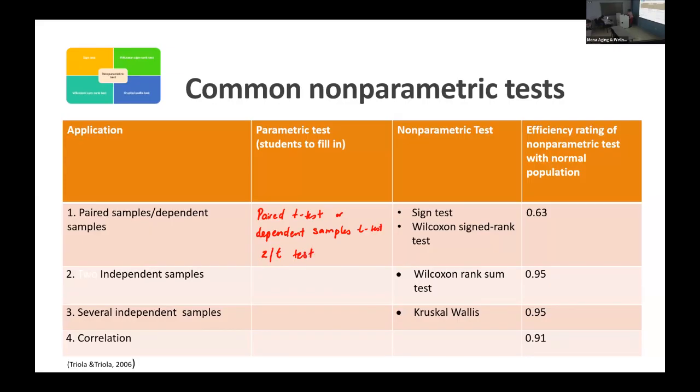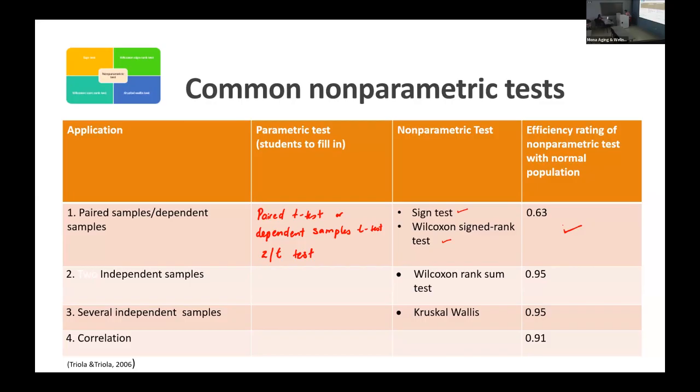Now the non-parametric analogs for the paired t-test: there are two. One is the sign test and the other one is the Wilcoxon signed rank test. And what they're saying is, in terms of efficiency, the sign test and the Wilcoxon signed rank test are only 63% as efficient as the paired t-test.